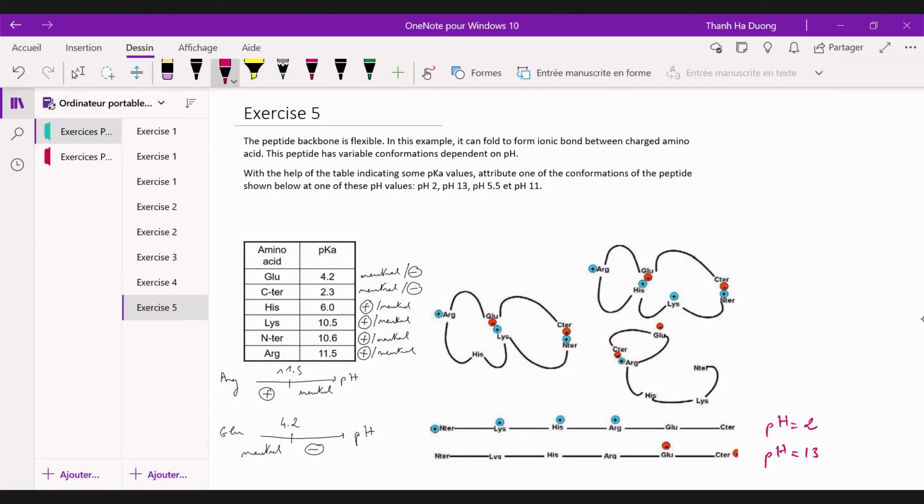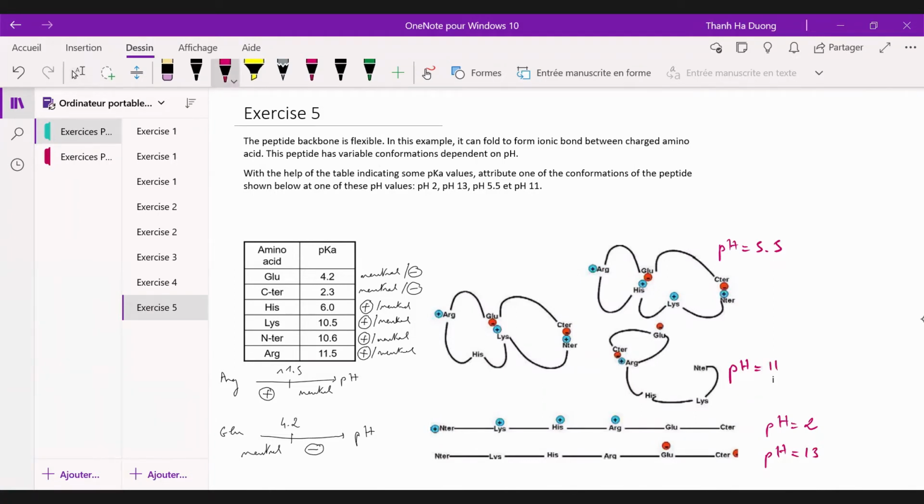Here you have pH 5.5 and here pH 11. At pH 5.5, some amino acids are negatively charged and some are positively charged, so you can have ionic interaction between them. That's why you have this conformation.